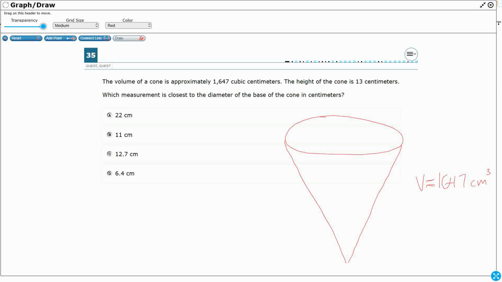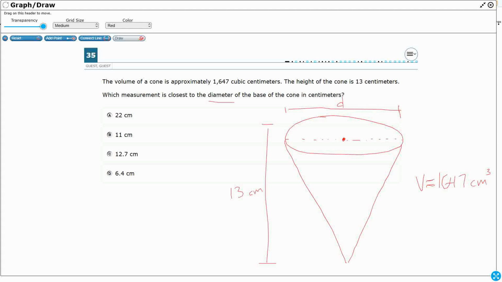The height is 13 centimeters. Okay, so we're looking for the measurement of the diameter. All right, so our diameter is going to be this imaginary line that runs through the center of your circular base, goes from side to side. Okay, so we're looking for D. That's our unknown right here.